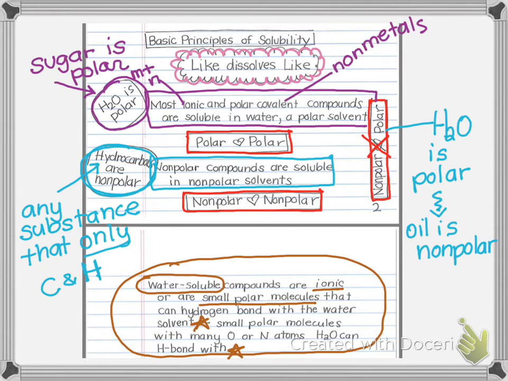Small polar molecules have lots of oxygen or nitrogen atoms that water can hydrogen bond with. In general, you need one nitrogen or oxygen for every 3 carbons. If that 1:3 ratio is not there, and you don't have enough oxygens for all the carbons, then even though water can hydrogen bond with it, it may not be able to dissolve it. On one of the next examples, we'll have a specific illustration of this.